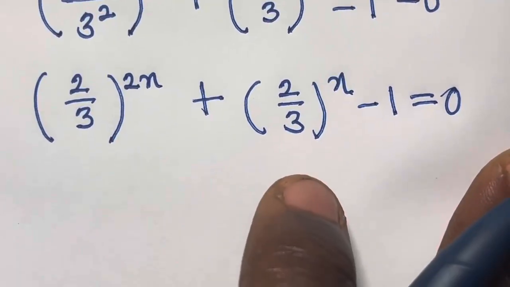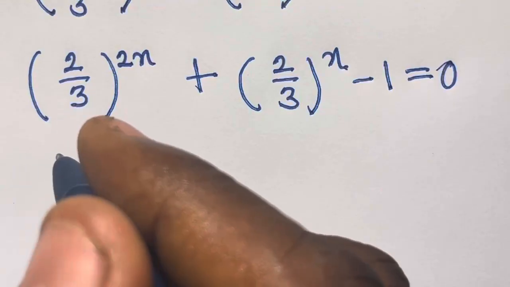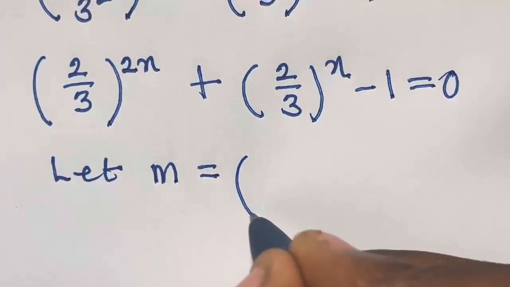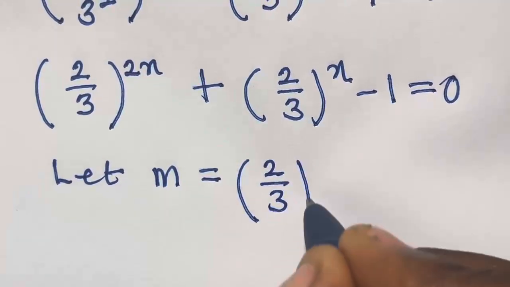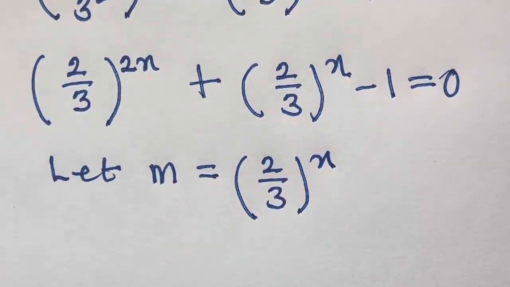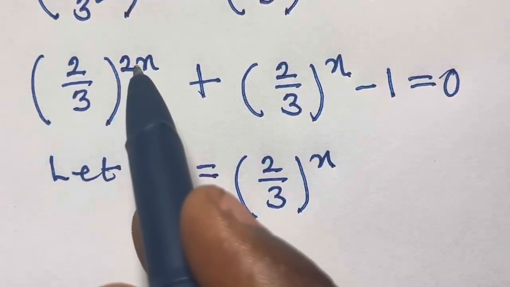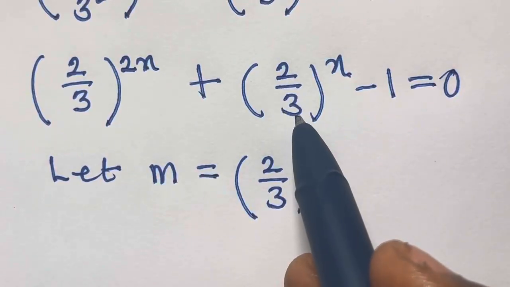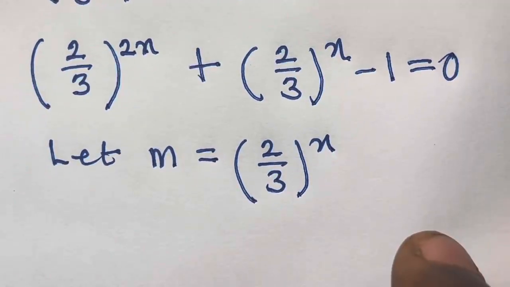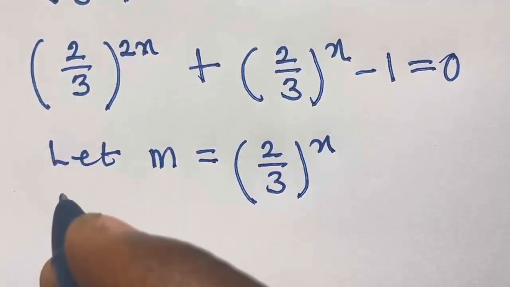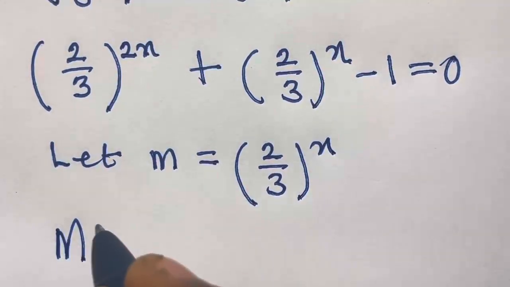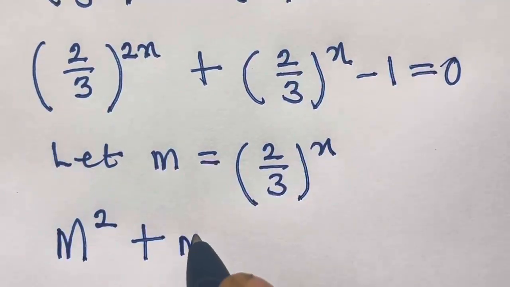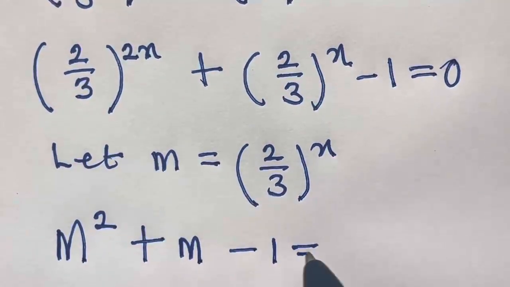So from here we let m equal (2/3)^x. Here we see (2/3)^x raised to power 2, so this will be m squared, plus (2/3)^x, which becomes m, minus 1 equals 0.